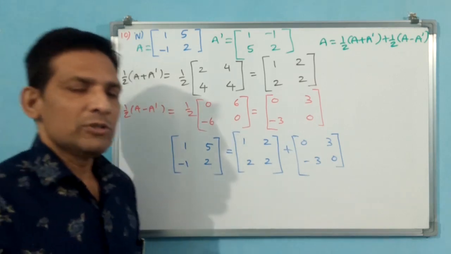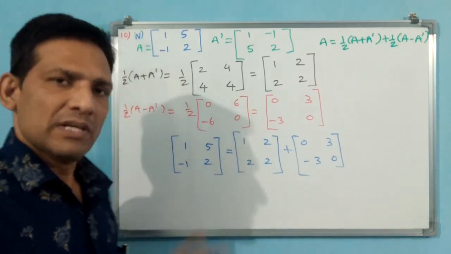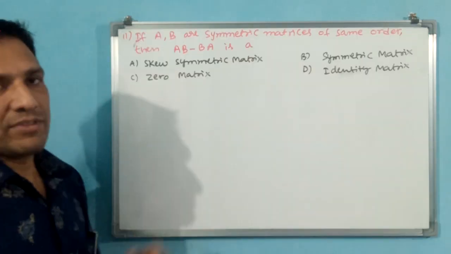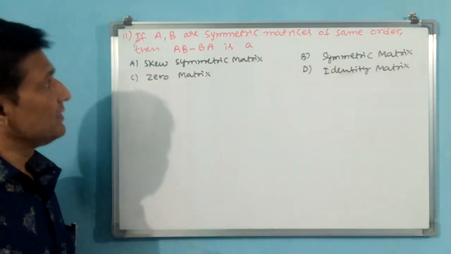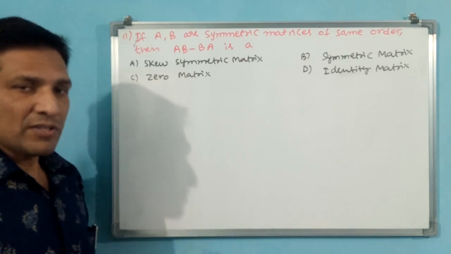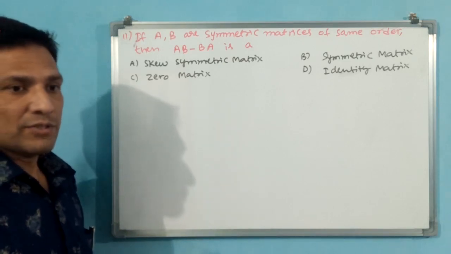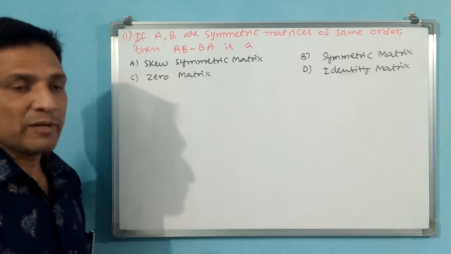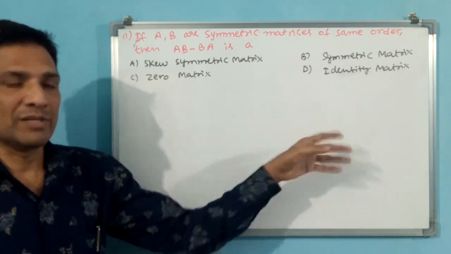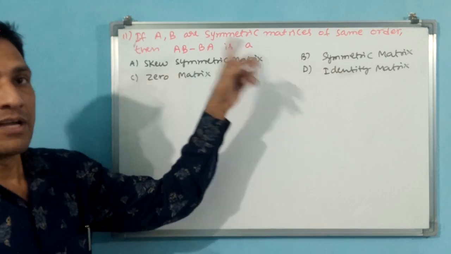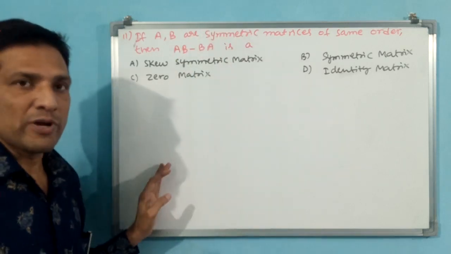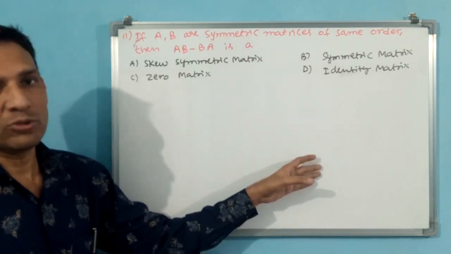Let us go to the 11th and 12th. Both questions are objective type questions. Let us go for that also. Let us see the 11th question, an objective type question, what they have given. If A, B are symmetric matrices of the same order. See, symmetric matrices will come in 2 by 2 also, 3 by 3 also. But mention of same order means if A is a 2 by 2 matrix, B is also 2 by 2.